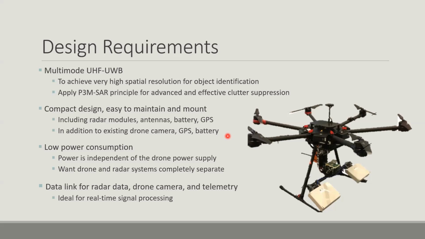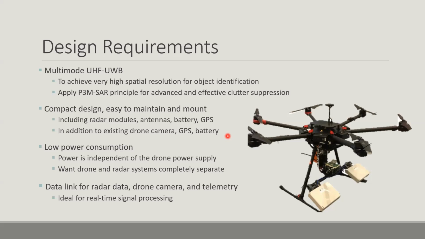The UAV design also needs to be compact. It needs to be easy to maintain and easy to mount, including all of the radar modules, antennas, the battery, the GPS, in addition to all of the weight that the drone already carries from its own onboard sensors. And also low power consumption is a priority.